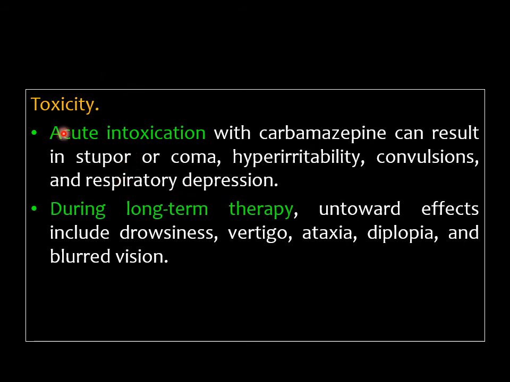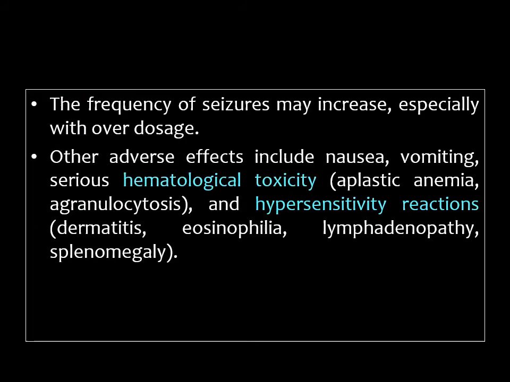Apart from acute toxicity, with long-term therapy it can cause drowsiness, vertigo, ataxia, diplopia, and even blurring of vision. The frequency of seizures may increase, especially with overdose. It can induce fit-like problems.